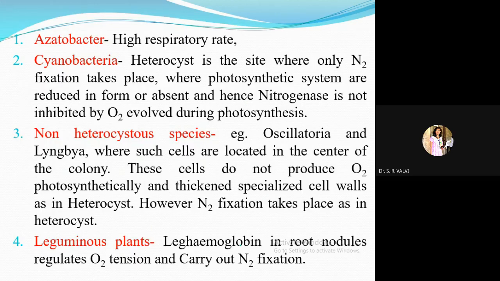So first is Azotobacter. Azotobacter is the bacteria which carries out nitrogen fixation. So how is the self-regulatory system present in Azotobacter, which helps to fix atmospheric nitrogen? In the case of this Azotobacter, protection is given to this bacteria.